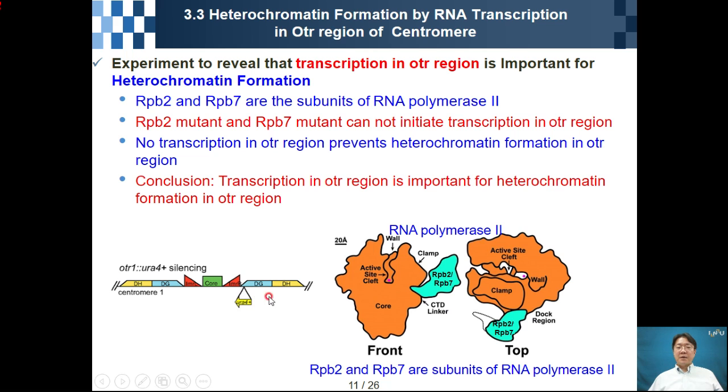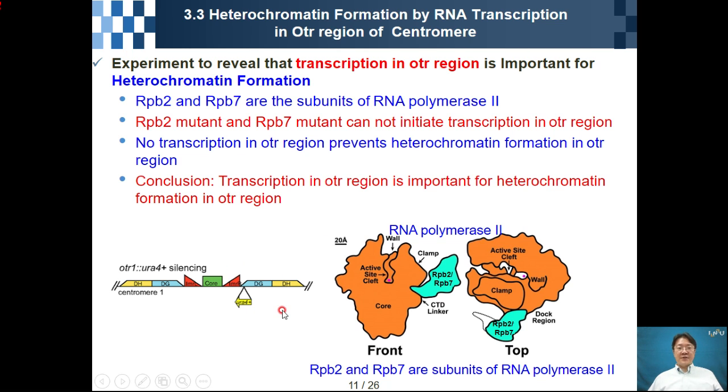Okay, so maybe this mutant cannot initiate transcription in the OTR region. So it means that no transcription in the OTR region prevents heterochromatin formation in the OTR region. So maybe the conclusion will be that transcription in the OTR region is important for heterochromatin formation.